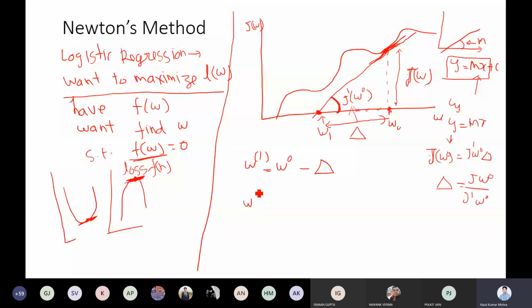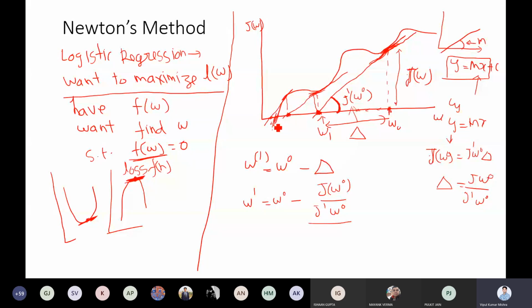So now we have to compute this part. Once you reach this point, you will again look into the slope and draw a line in that slope, and it will cut here, then you reach this point the same way. Then again you draw a slope, cut the point, and reach here.